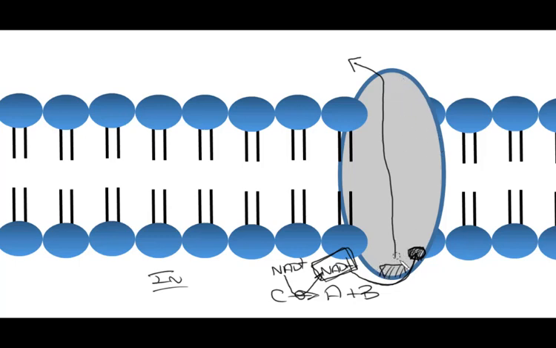Because of this energy, it will now be possible for an ion such as this one to go against the gradient and be transported to the other side, but not without any energy. It would not be possible.